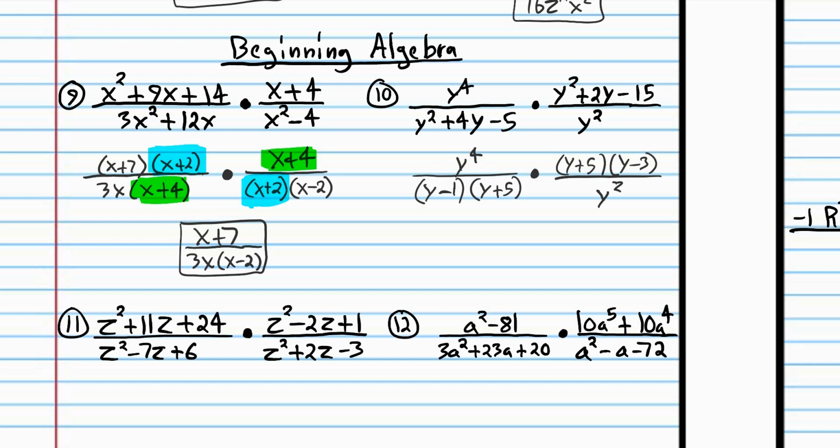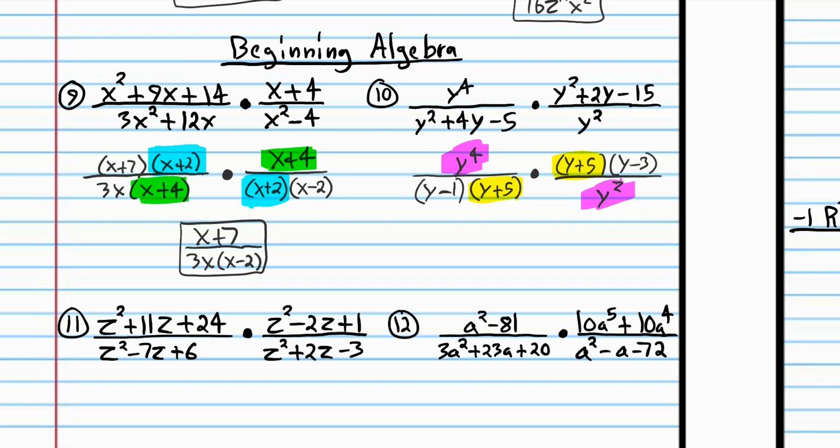So now, if a factor is on the top and the bottom, we can cancel. So y plus 5 and y plus 5, we can cancel that out. But we can also cancel some of these y's here, because they're factors. So y to the 4th over y to the 2nd.